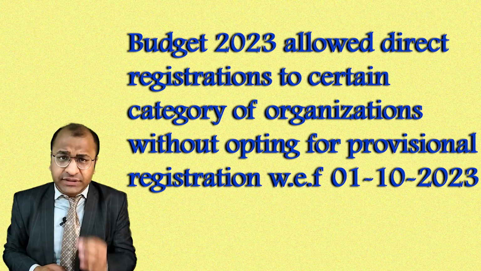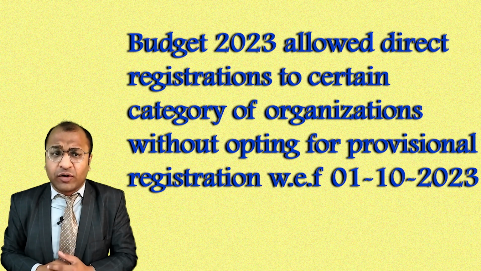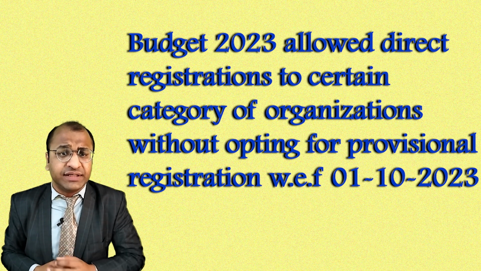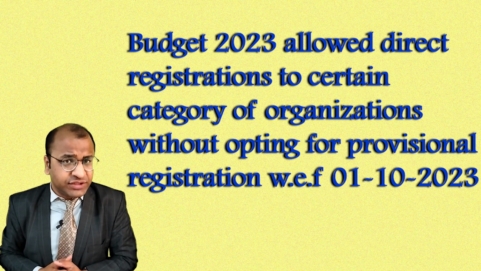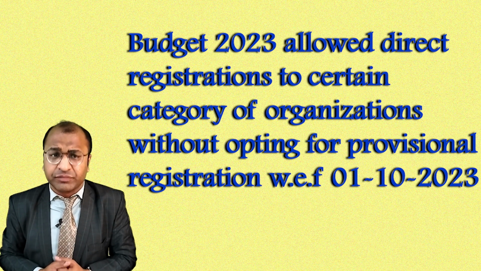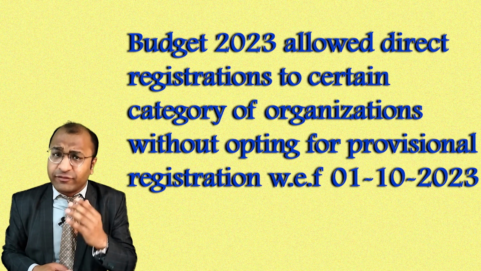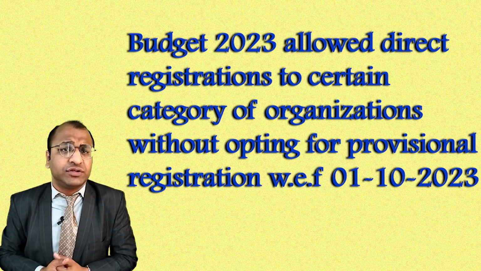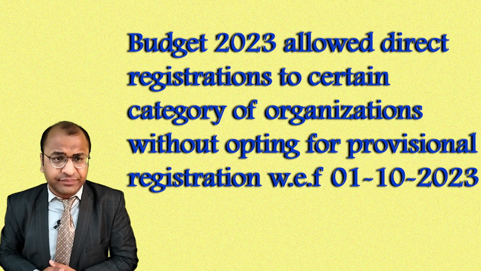I repeat, Budget 2023 allowed direct registrations under Section 12AB and 80G to certain category of organizations without opting for provisional registration. So let's discuss how and which type of organizations can apply for direct registrations under Section 12AB and 80G.